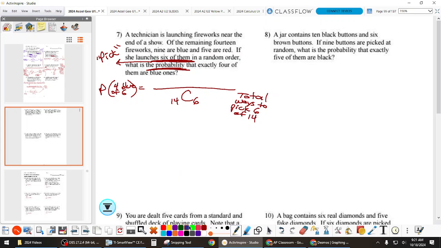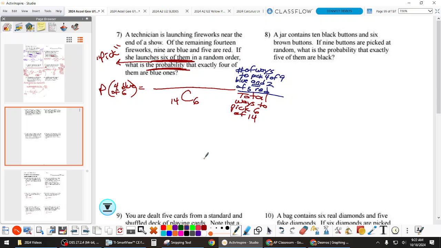And then on the top, would we do like 5C4? Well, before we do that, let's describe it. Number of ways to have 4, like 4 to not. Okay. So 4 that are. So number of ways to pick 4 of 9 blue and 2 of 5 red.